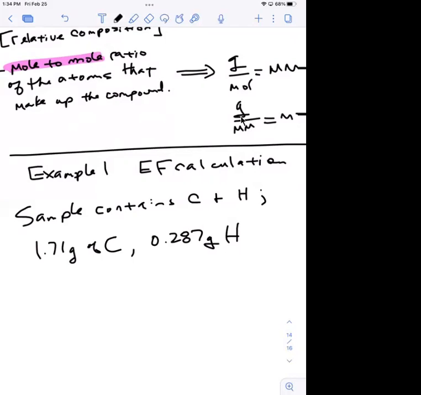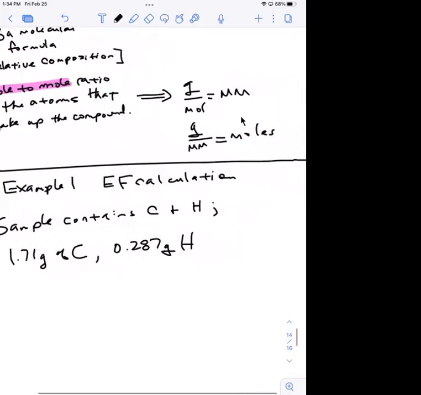How do we figure out the moles using the masses? If we're using this relationship right here, it's the mass over what?